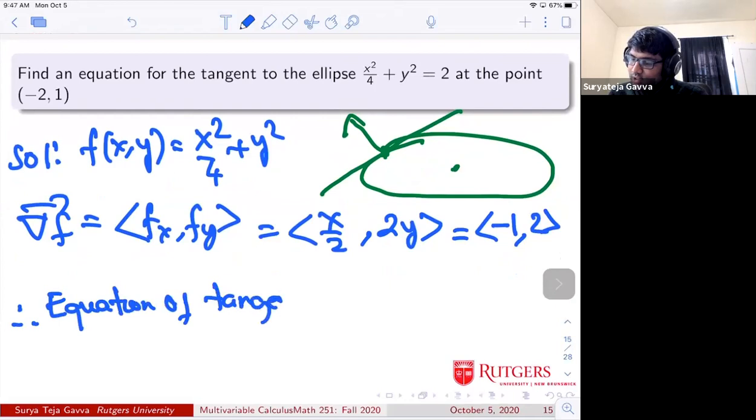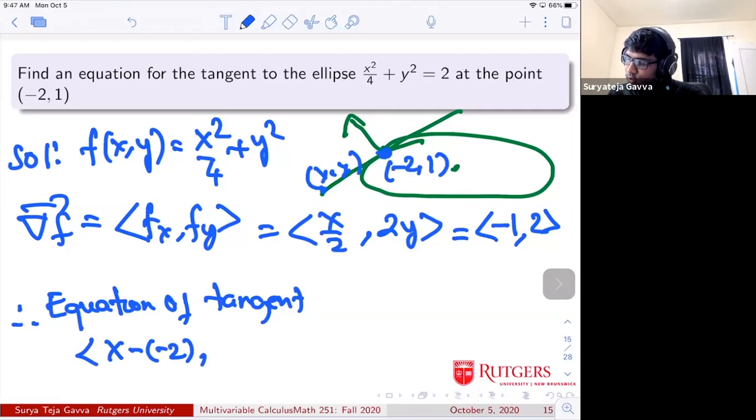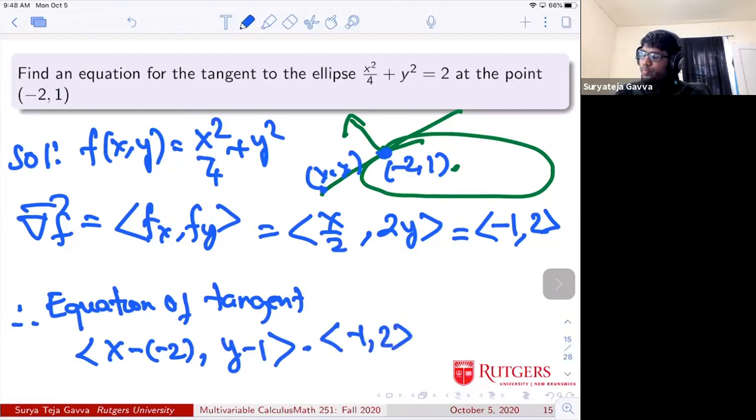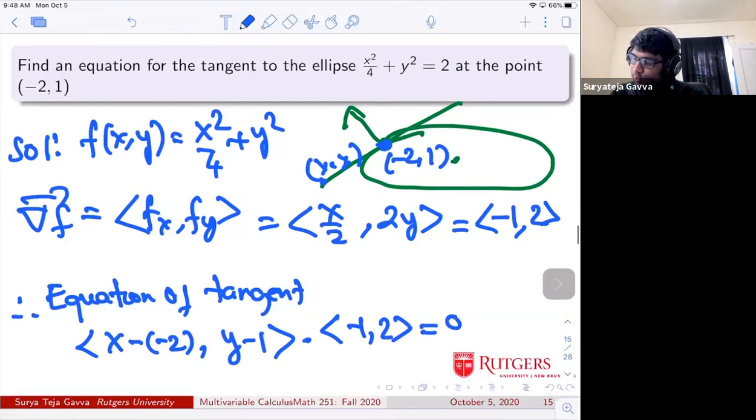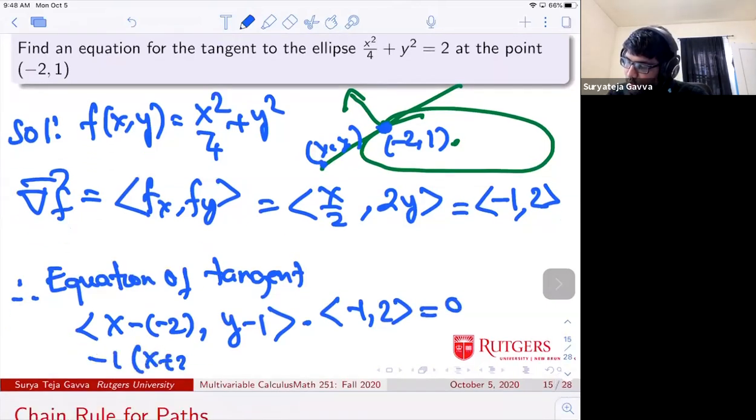The equation of the tangent: say this point is given to be -2, 1, and a random point is x, y. So the equation of the tangent would be this vector x minus -2, y minus 1, which is along the tangent line, perpendicular to this gradient vector, so that equals 0. Which would be -1 times x plus 2, plus 2 times y minus 1, equals 0.